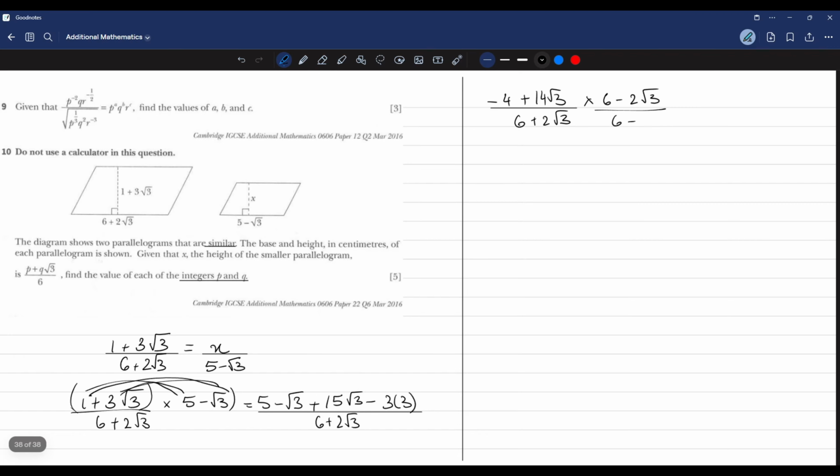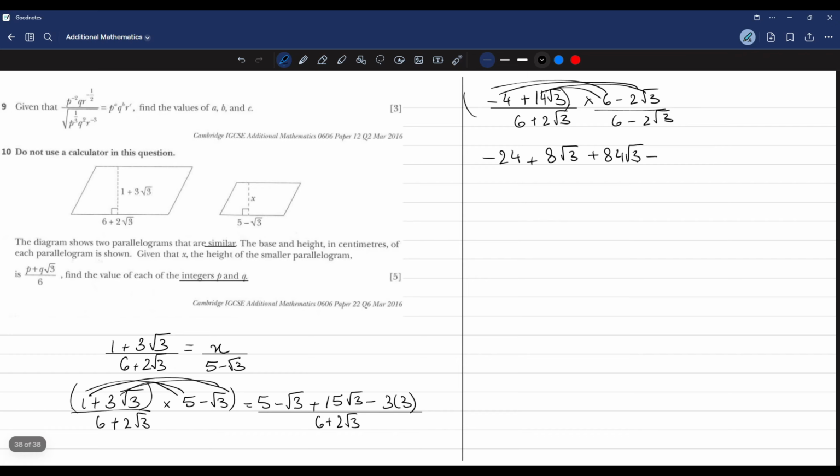So 6 minus 2 under root 3 divided by 6 minus 2 under root 3. First value multiplied by first value is negative 24, outer multiplied by outer value plus 4 under root 3, inner value multiplied by inner value is 14 multiplied by 6, which is 84 under root 3, and the last value multiplied by the last value is 84.